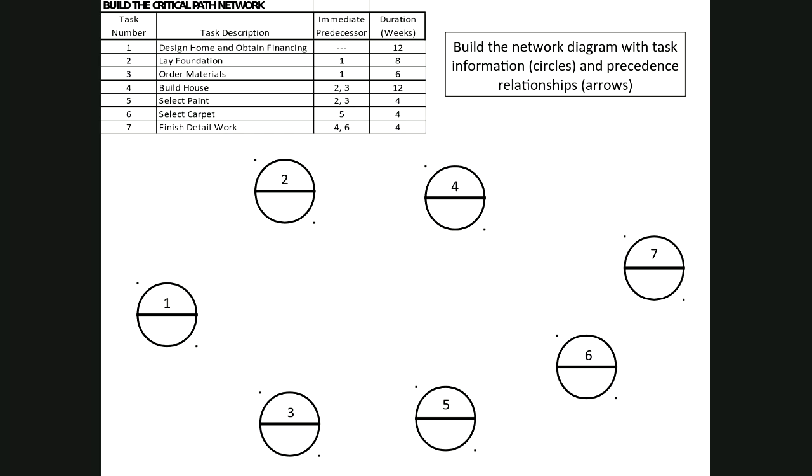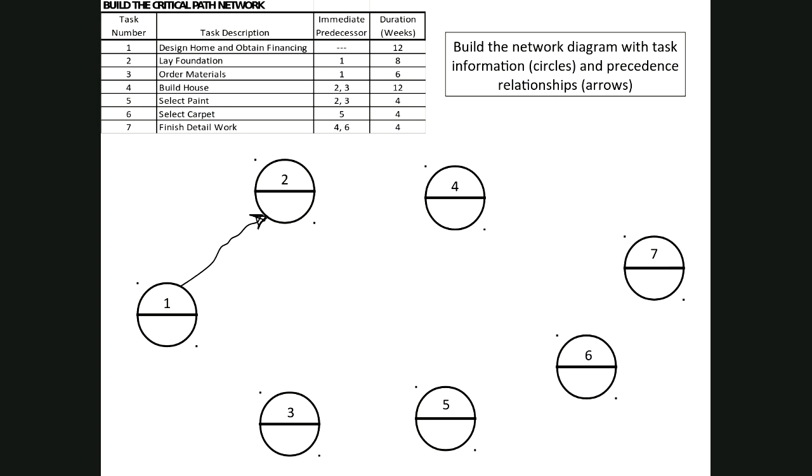And so what we'll see here is task 1 does not have a predecessor. So there's no arrow leading into 1. But task 2 must be preceded by task 1. And so we're going to represent that with an arrow from 1 to 2. And my line's not very straight, but there's a couple of things I want to point out here.